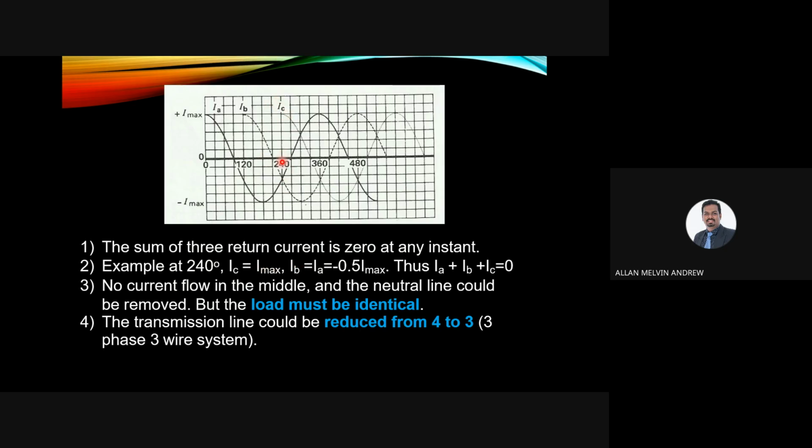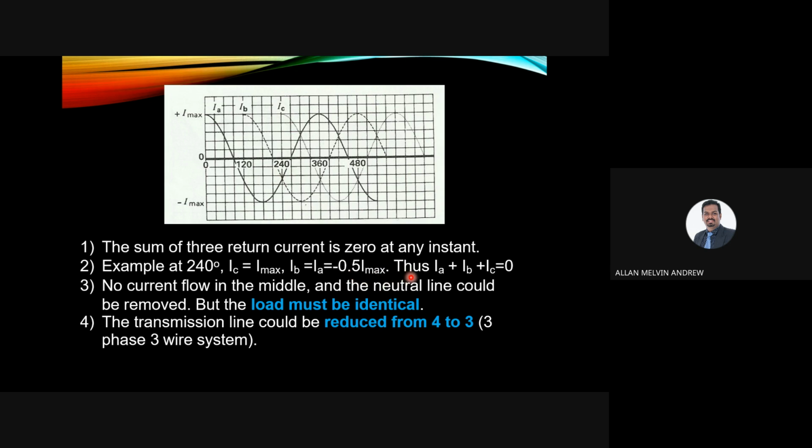So IB, here, and this, here, it is the same. So this is actually negative 0.5 I max. So this is I max, and this is negative 0.5 I max.